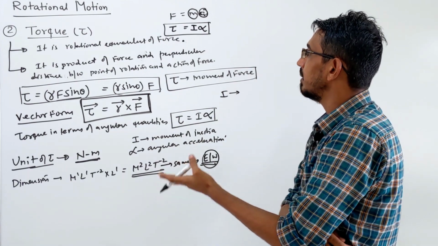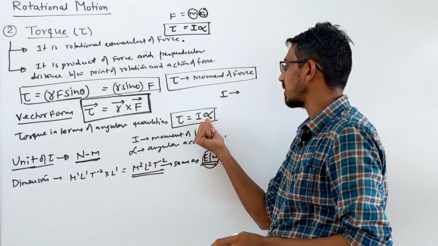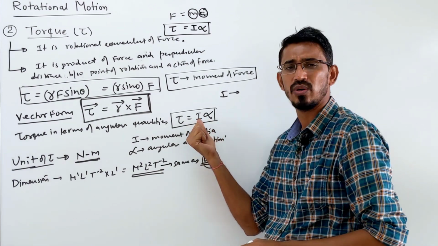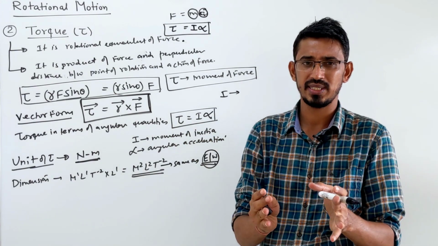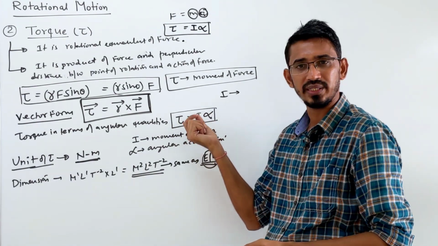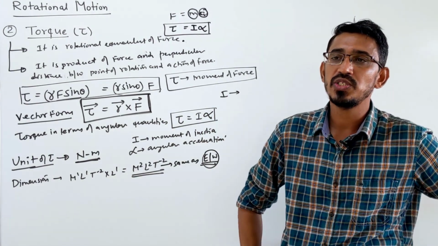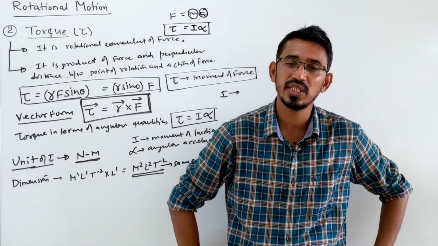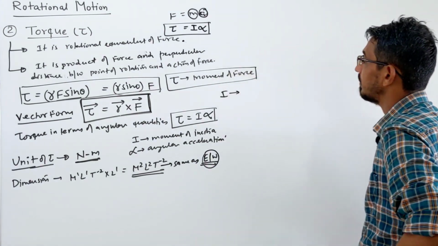Rotational equilibrium means the net torque acting on that body should be 0, or the net angular acceleration should be 0, because I is a constant thing, it cannot be 0, since if somebody has mass, it definitely has inertia also. So torque directly depends on alpha. If angular acceleration is 0, or net torque is 0, that's called rotational equilibrium. So I am writing the very, very important condition now here.